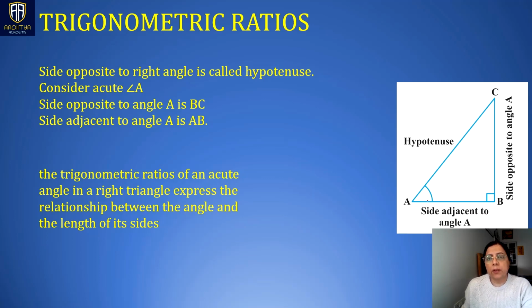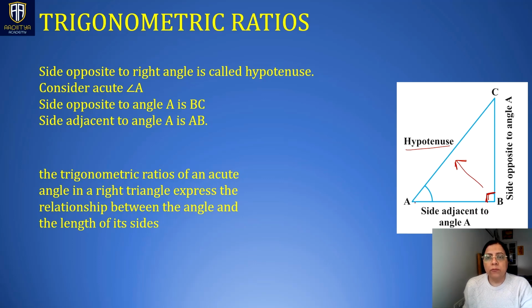This is triangle ABC, which is right angled at B. Now, the very first thing is, when we have one right angle, the side which is exactly opposite to the right angle is called the hypotenuse. You must have learned this in Pythagoras theorem, but remember this again. The side exactly opposite to the right angle is called the hypotenuse and it is the longest side of this triangle.